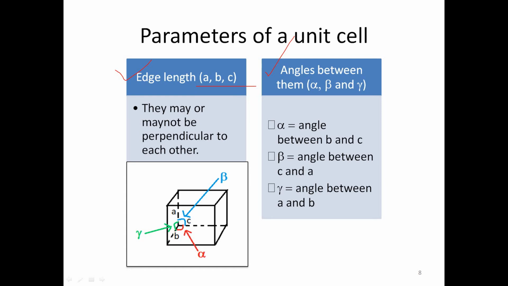The angle between B and C is alpha, the angle between C and A is beta, and the angle between A and B is gamma. So these are the 6 parameters: edge lengths and the 3 angles. They characterize one unit cell, and from this we can know the characteristics of the whole crystal.